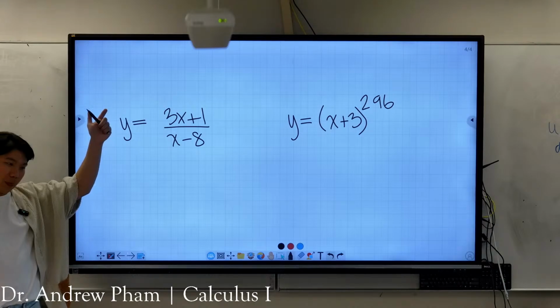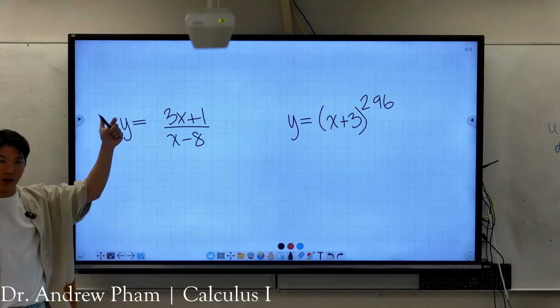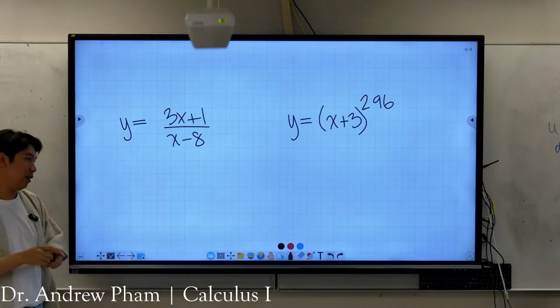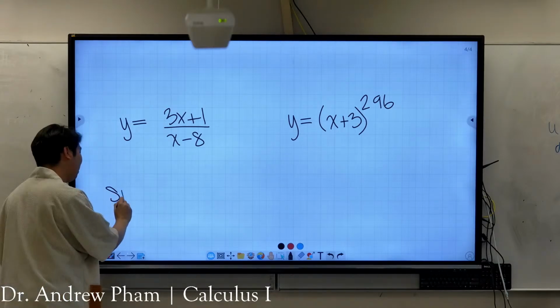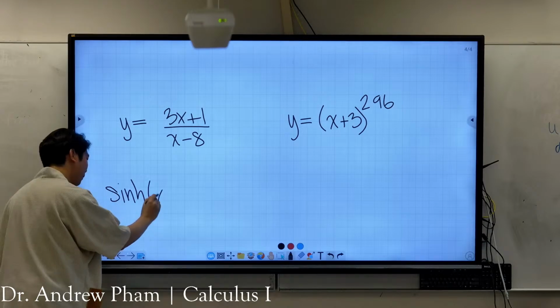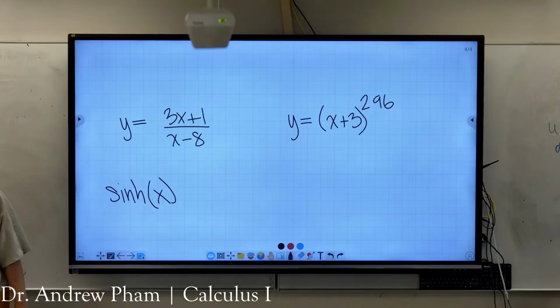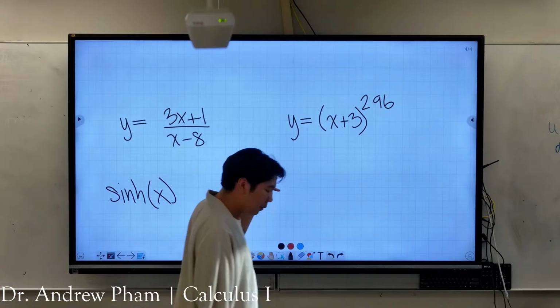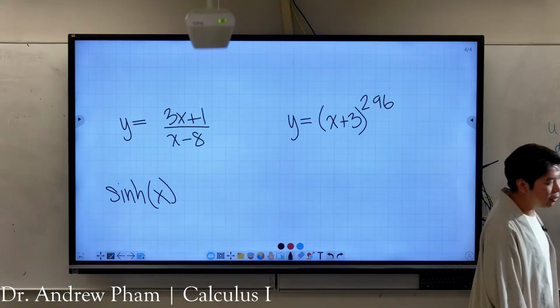We're not going to cover hyperbolic functions, but that is a different type of function. It's one of those ones where you might have seen it in a book before, something like that. But we're not going to cover those because we don't really talk much about hyperbolic functions.